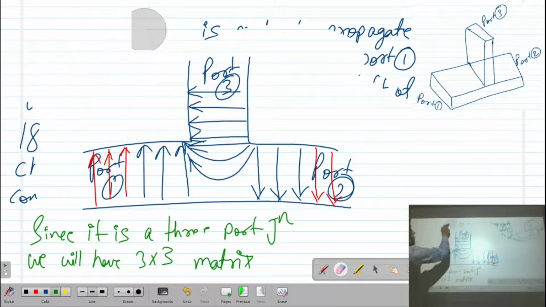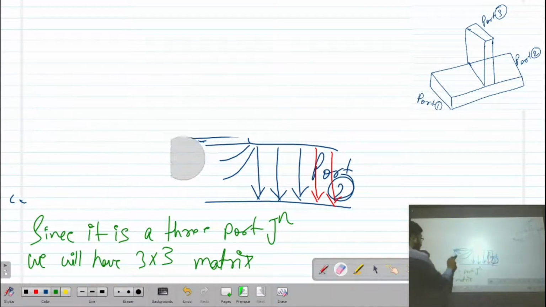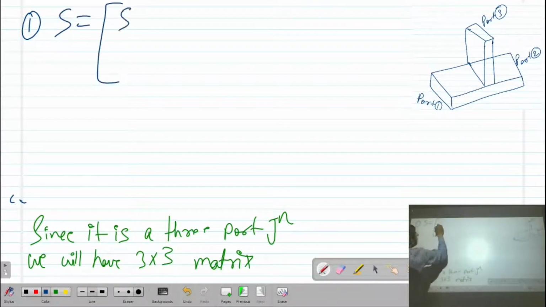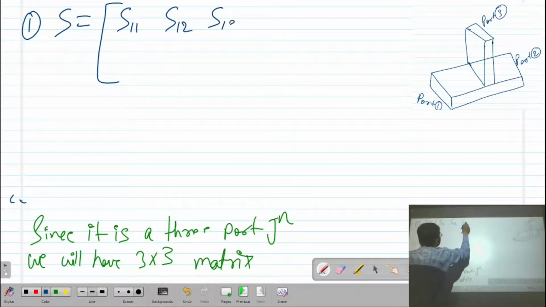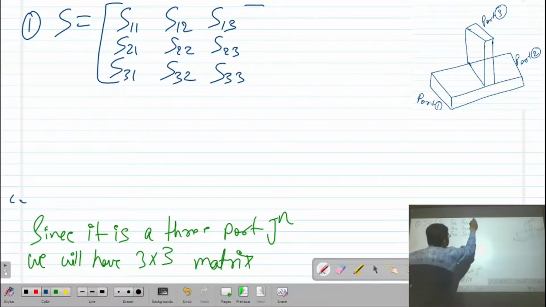Let us see which are those parameters. The first one is the 3 cross 3 matrix. We will have S is equals to S11, S12, S13, S21, S22, S23, S31, S32, S33.